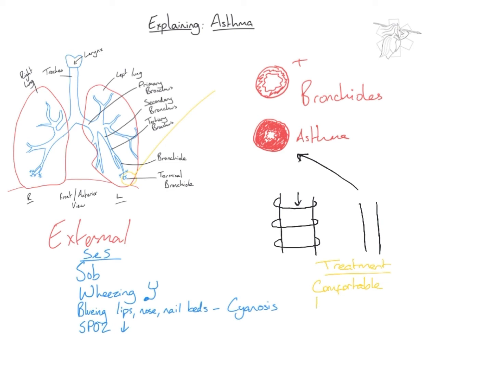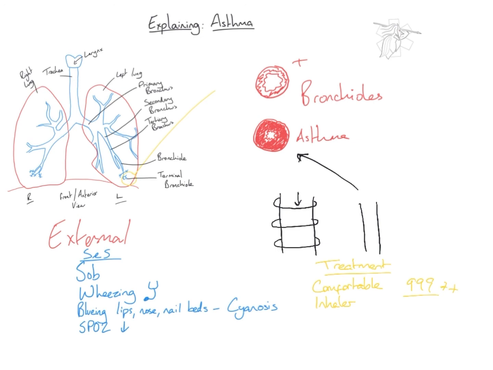If they have their own inhalers, we want to encourage them to use it. So usually in the UK, that would be a blue inhaler, salbutamol usually, and we want to encourage them to be using that. We're obviously wanting to call 999, or if you are a medical resource and you don't have a paramedic or a doctor with you, then we want to be thinking about getting that backup brought to you as quickly as possible.